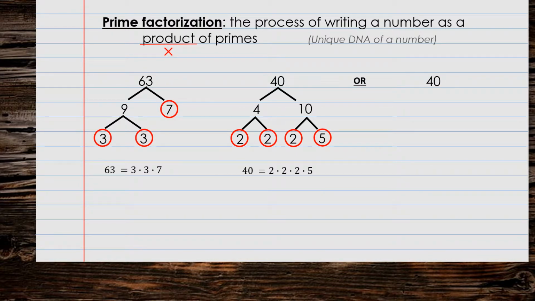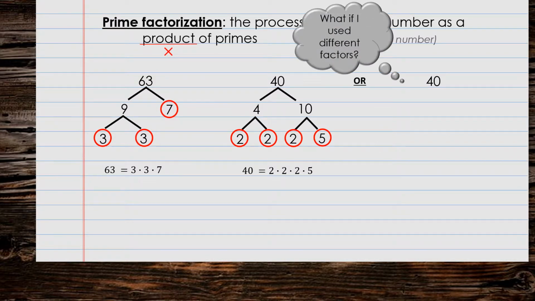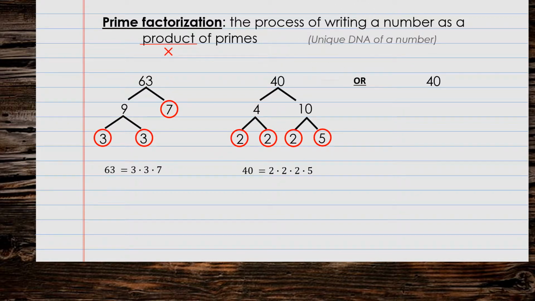But what if you didn't choose 4 and 10? What if you chose different values? Would that change your prime factorization? Well, let's see. What if you chose the values 8 and 5 instead? Well, 8 can factor, and it gives you 4 and 2. 4 factors and gives you 2 and 2.